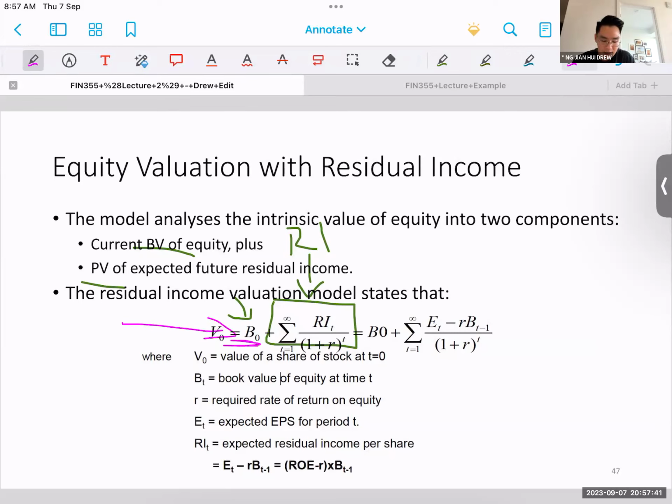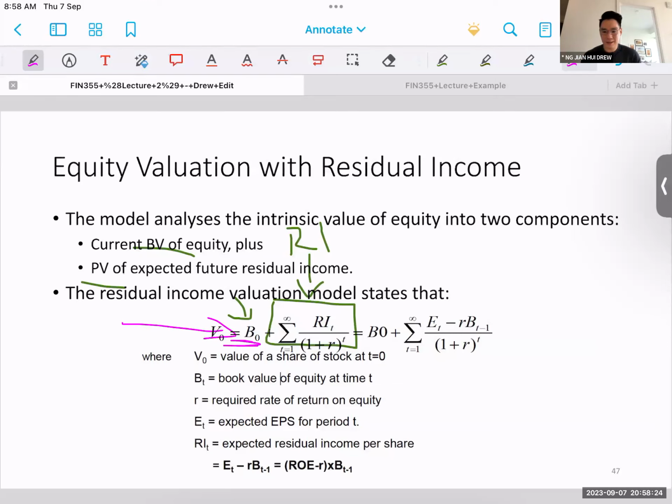What's the difference in this component compared to the 3 models that we learned, in terms of this B or B naught that we see here? Anyone can see the difference? It's a tough concept. Okay, yeah, it's a bit of a tough question, right?